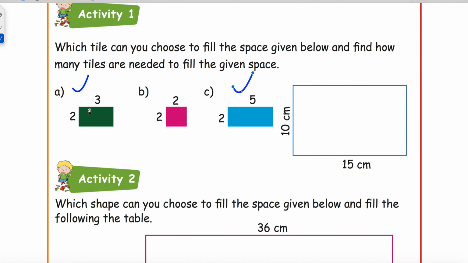No problem. These both will work. This will take 25. This will take 15 tiles. Either 15 tiles of this or 25 tiles of this can be used to fill the space. And this will not work.